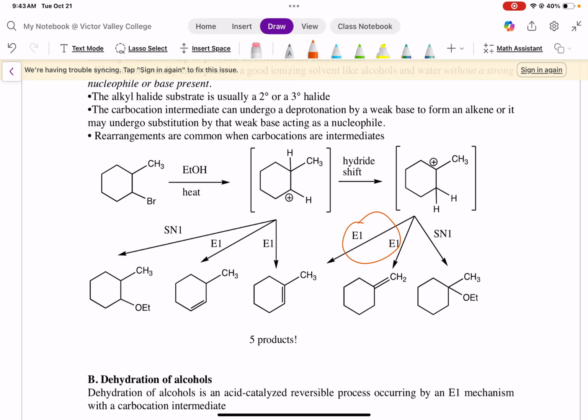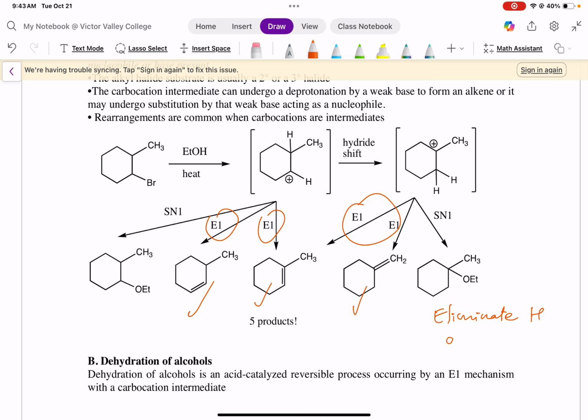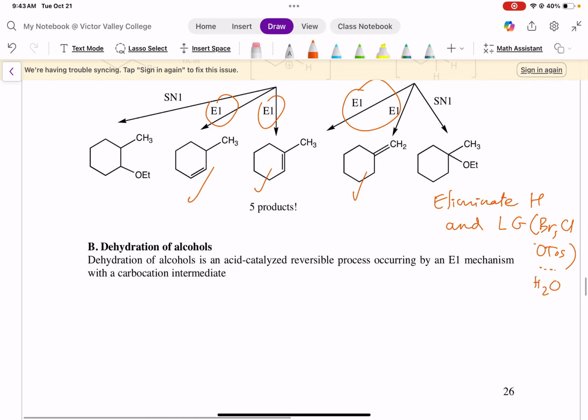Eliminations eliminate hydrogens and a leaving group like Br, Cl, OTs, for example. Iodide, okay. Leaving group. Water, cannot forget water. That's a good leaving group.